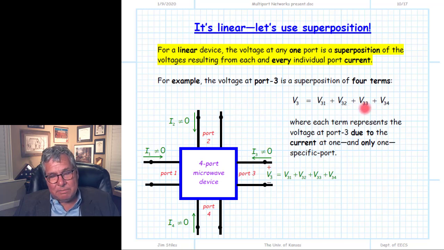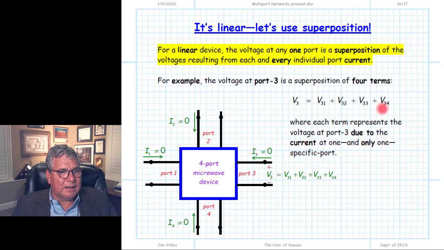V33 is the component of the voltage at port 3 due to the current at port 3, and then finally V34 is the component of the voltage at port 3 due to the current at port 4. We add the four complex numbers together, and that will be our result. The measurement that we have is a superposition of the excitation by each individual current. The question is, how do we determine then each of these individual values?